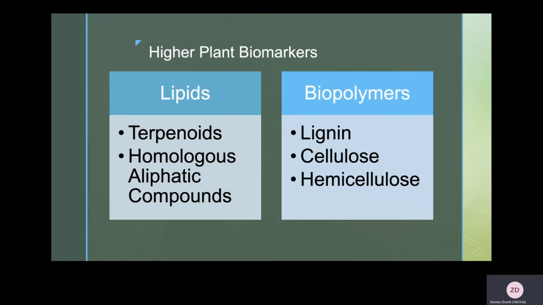So it basically means that they are mostly used to figure out if things have been contaminated by fossil fuels or eroded sediments. It's just a fancy way of saying all that.